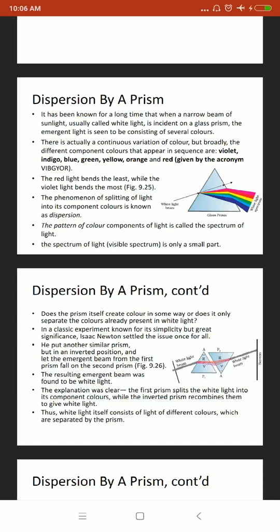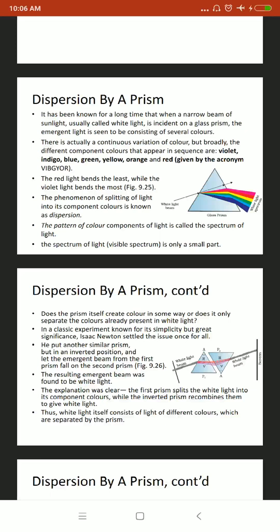That color variation is broadly visible. The different components of colors are visible like a rainbow: violet, indigo, blue, green, yellow, orange and red, in that particular sequence only. The red color bends the least, and the violet color bends by the most angle.